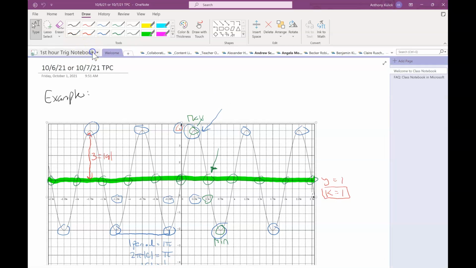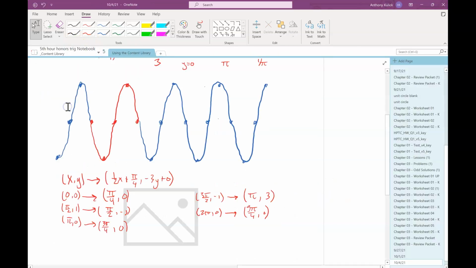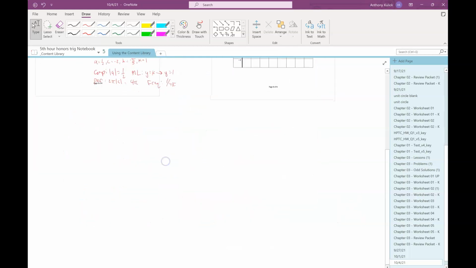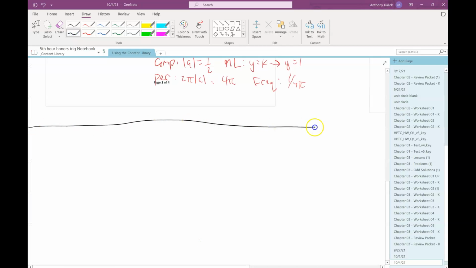So today what we'll do is we'll start by doing another example of going from graph to equation.